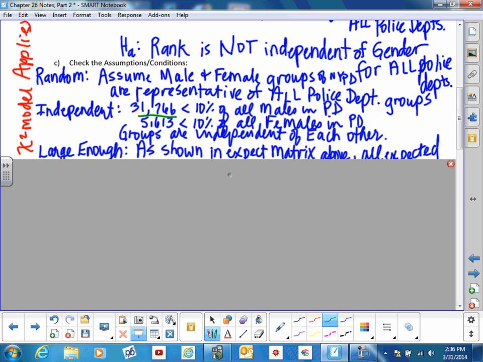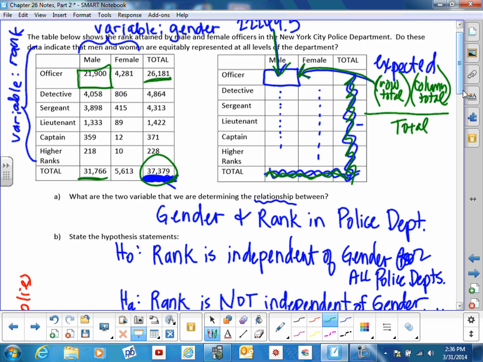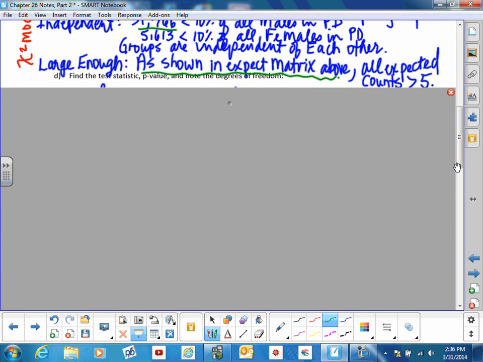Now, for large enough, it's about all expected counts being greater than 5. But you need to, quote unquote, prove to the reader where you got this information. That would be from the expected matrix that you filled in up here at the top. The lowest one I think was 34 point something, so we're good.